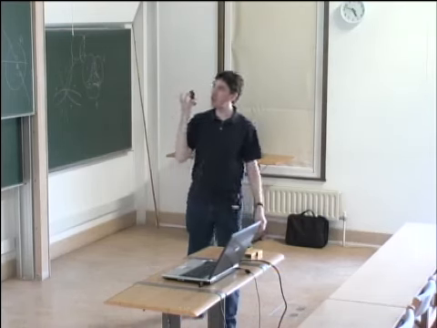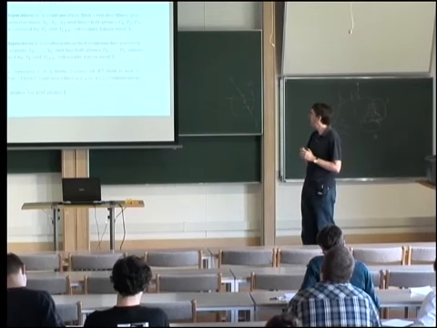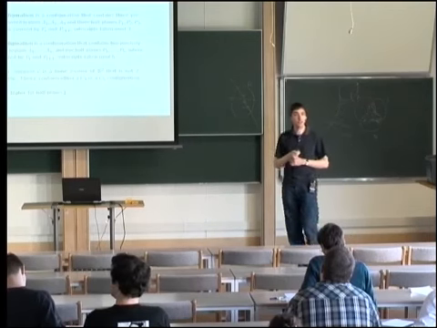And the theorem, which is completely deterministic, says that if you have a finite 2 cover of R squared by half planes this time, which at this scale is basically what we're looking at, that is not 2 partitionable, then it has to have one of these 2 configurations in it.